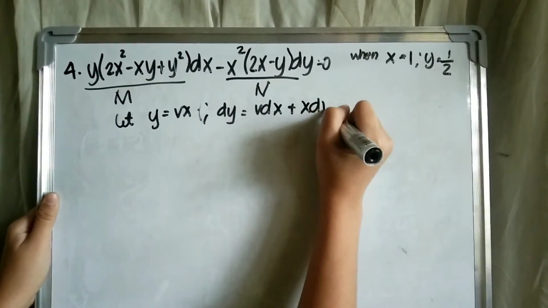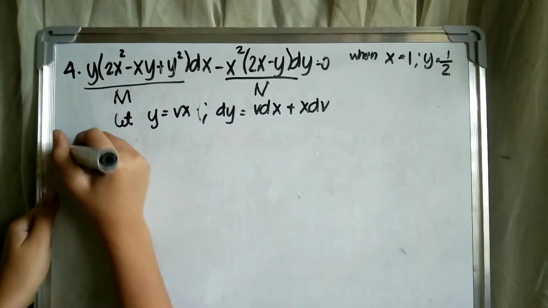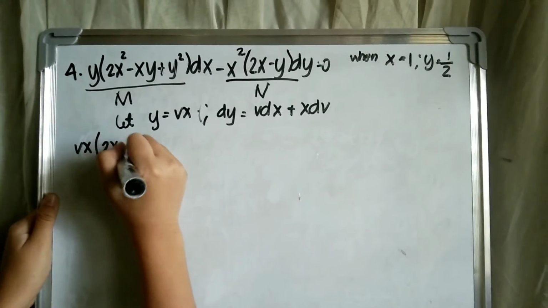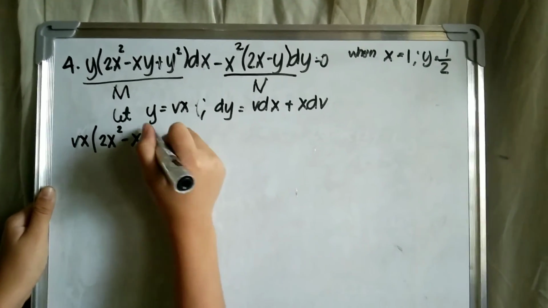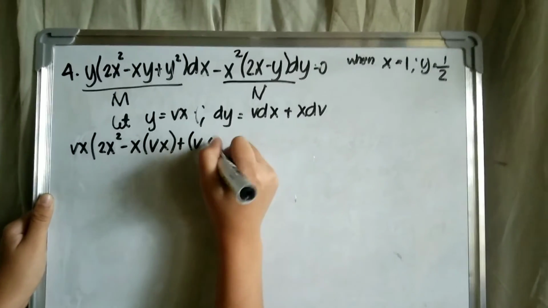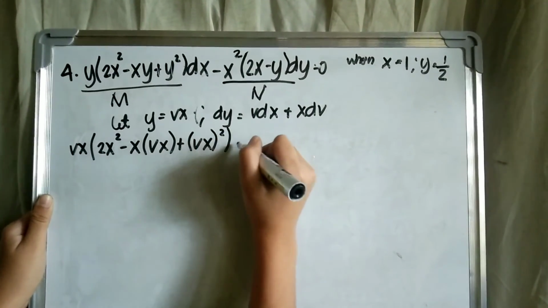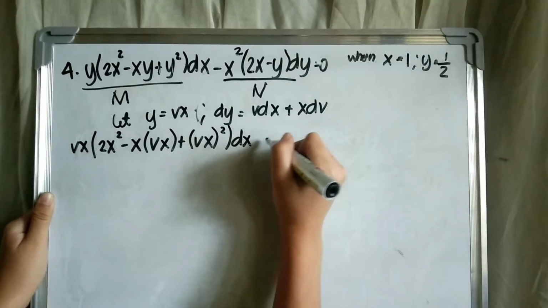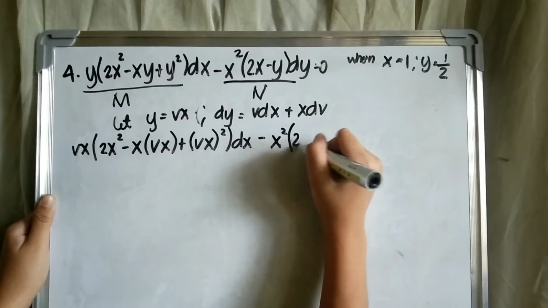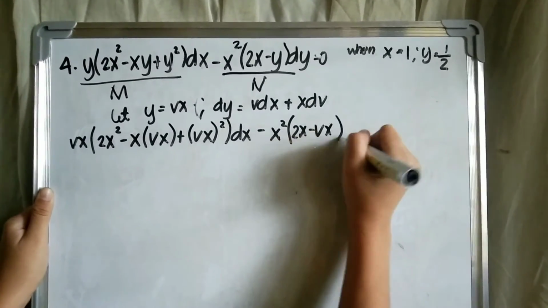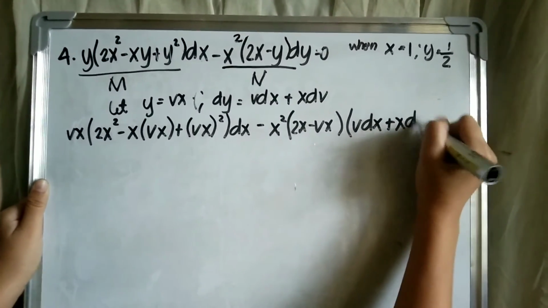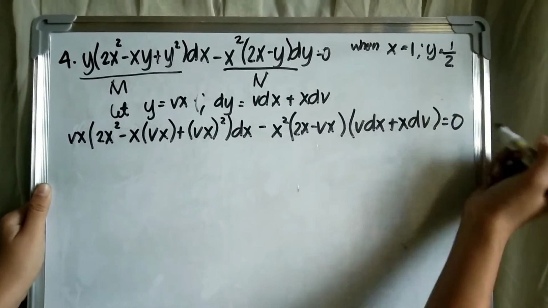dy is equal to v dx plus x dv. So let us substitute: v of x times (2x squared minus x times v of x plus v of x squared) dx minus x squared (2x minus v of x) and our dy, (v dx plus x dv), is equal to 0.